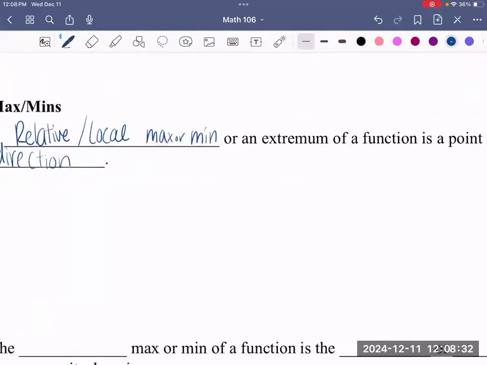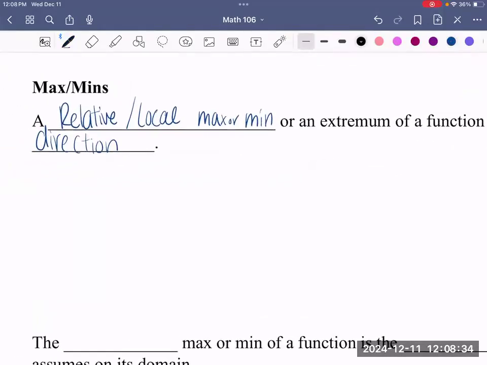So for example, could you draw a quick graph that has a minimum? Well, the best looking graph right here would probably be some sort of a parabola, a quadratic function, where we can locate your minimum at being the very lowest point here.